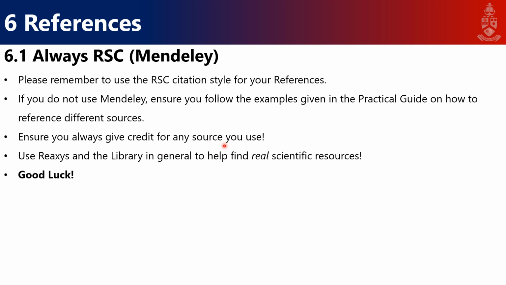So even if you just looked up something simple, sometimes it feels like you just looked up literally how to calculate something or just watched a YouTube video, that's technically something that you need to reference. Don't reference every little detail that you looked up, but anything that you really used, something that you definitely spent time looking up, researching, and then found very useful in writing your report, please give credit to those authors.